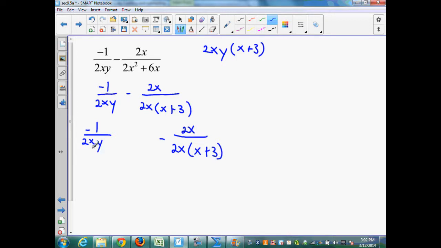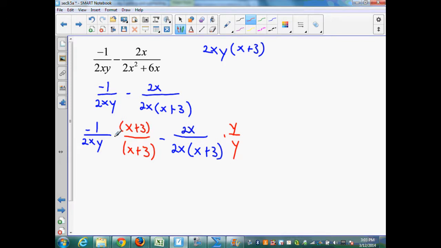I need to get this denominator, 2xy, to be 2xy times x plus 3. So I'm going to multiply the top and bottom by x plus 3. My denominator here is 2x times x plus 3. I have the 2x, I have the x plus 3. Therefore, I need to multiply by y over y.